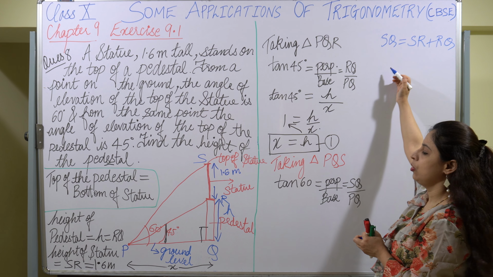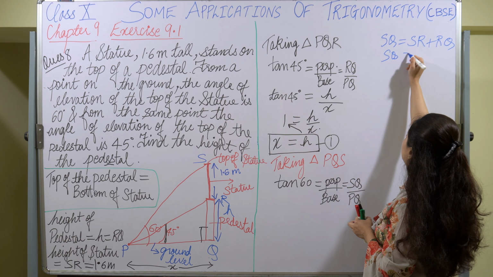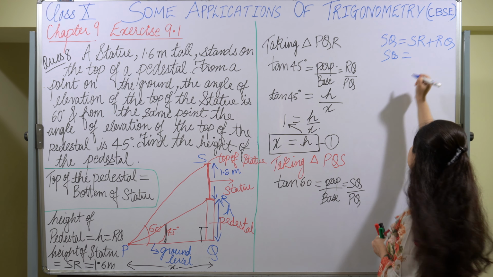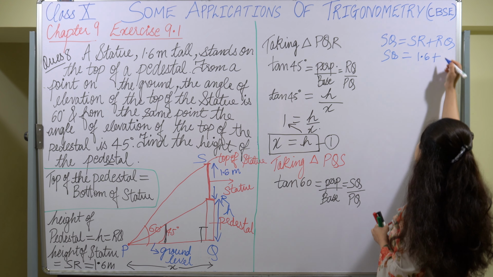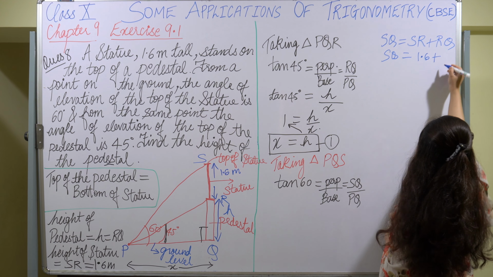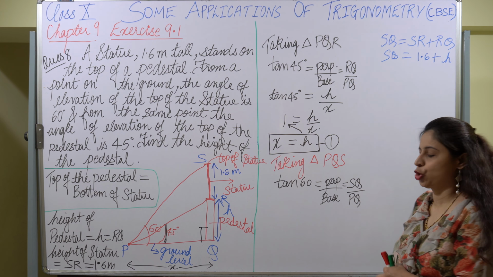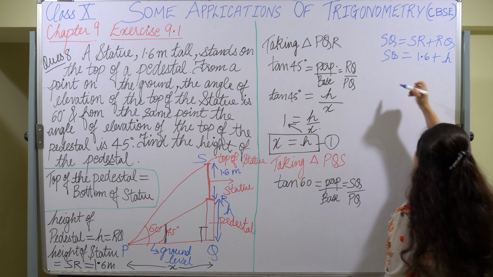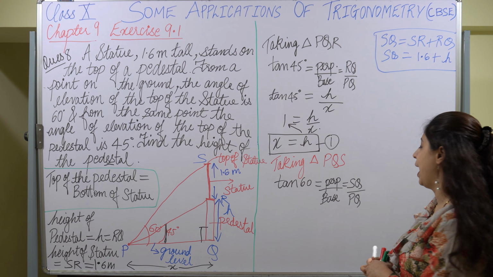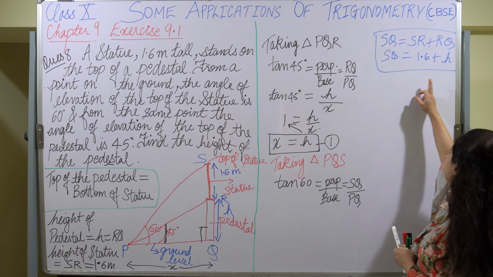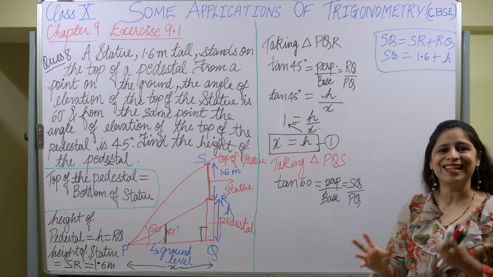So SQ will be equal to SR, which is 1.6 meters, given to us according to the question, and RQ is given to us as h. So in the place of SQ, I can replace it with 1.6 plus h.